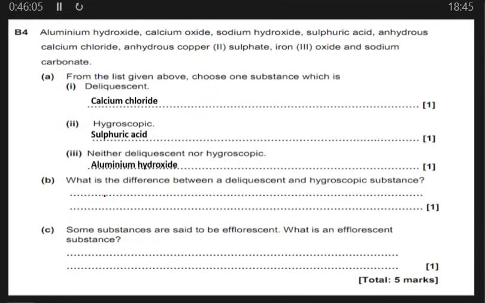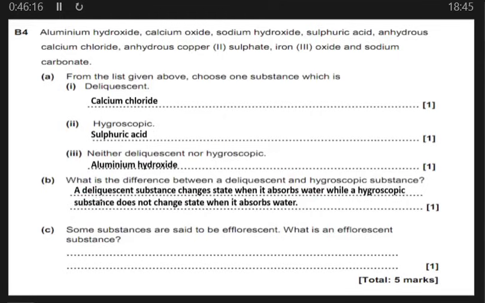So B, they're saying what is the difference between a deliquescent and a hygroscopic substance? So this is the difference, that a deliquescent substance changes state when it absorbs water, while a hygroscopic substance does not change state when it absorbs water.